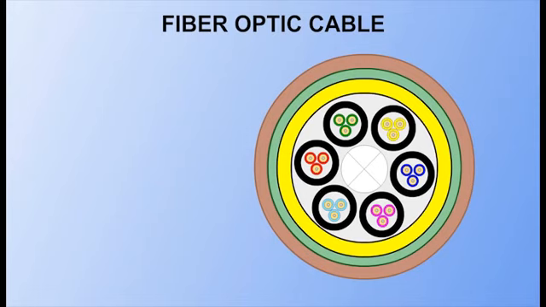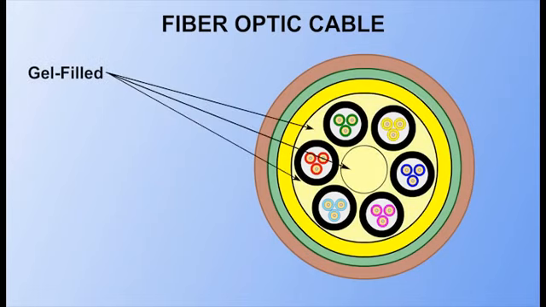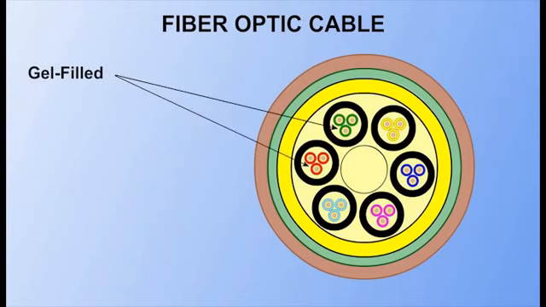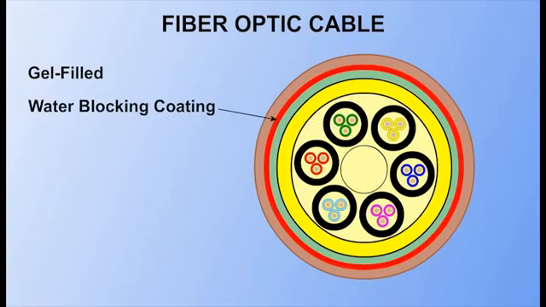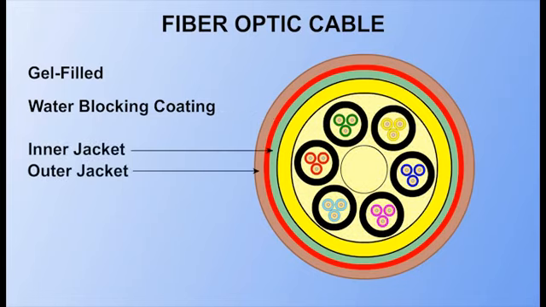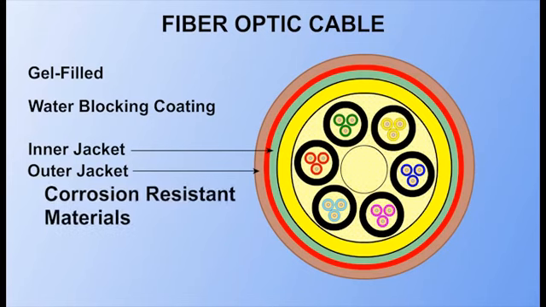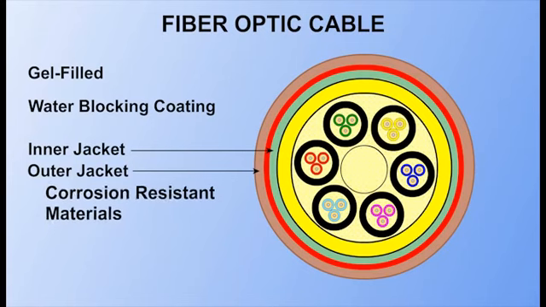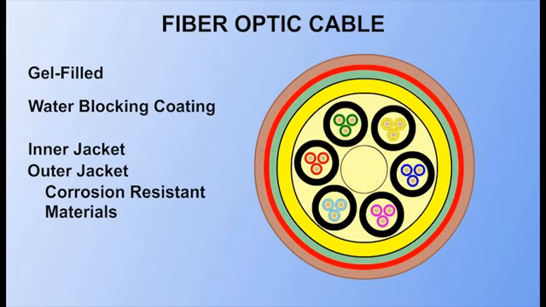Fiber cable that is used outdoors is normally filled with a waterproof gel. The buffer tubes may also contain this gel, as well as a water-blocking coating between the inner and outer jackets. Both inner and outer jackets are made of materials designed to resist corrosion and add greater protection to the cable.